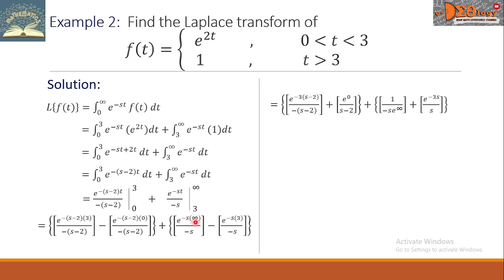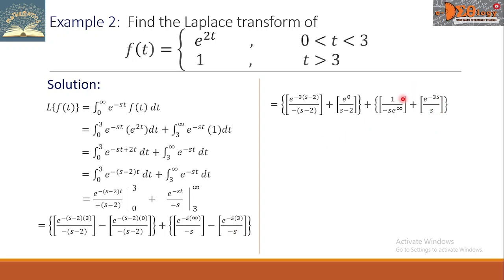We multiply infinity by negative s, it becomes negative infinity. And we rationalize the exponential with negative infinity by putting it in the denominator. So we have here 1 all over the negative s times e raised to infinity. Then for the fourth fraction, we combine this negative and the negative sign of s into positive. Then we just simply copy this e raised to negative 3s all over s.